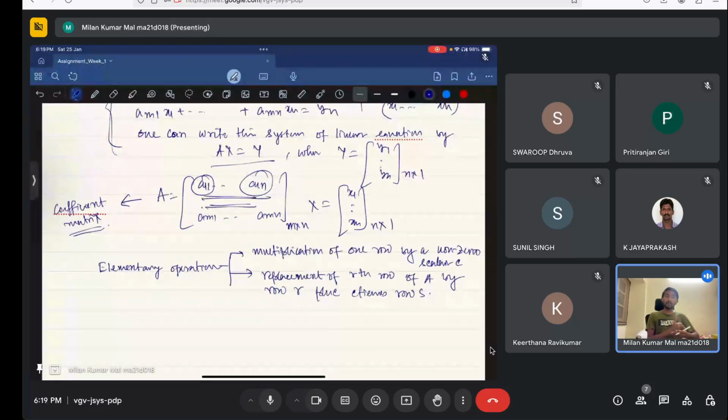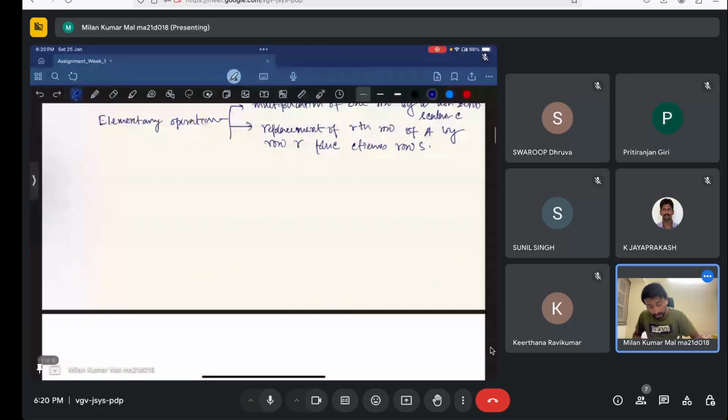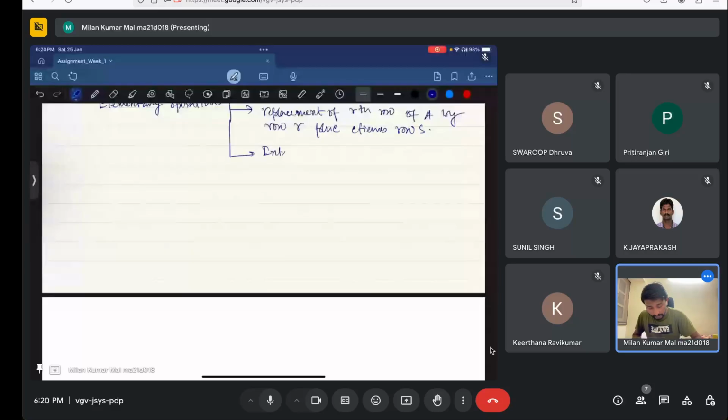You can multiply one row by a non-zero scalar and add it to the other. This is what it means. The third is interchange of two rows.